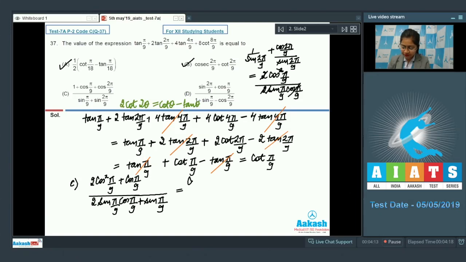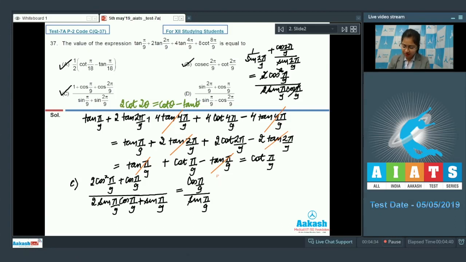So taking cos pi by 9 common, we will get 1 plus 2 times cos pi by 9. In the denominator also, if we take sine pi by 9 common, we will get 1 plus 2 times cos pi by 9, which both will get cancelled. So this is again equal to cot pi by 9, which means that option number C is also correct.